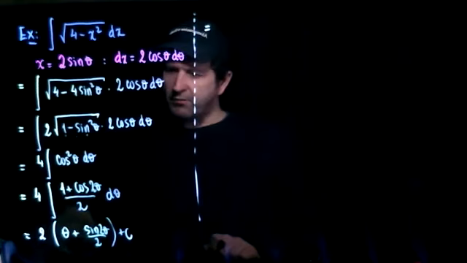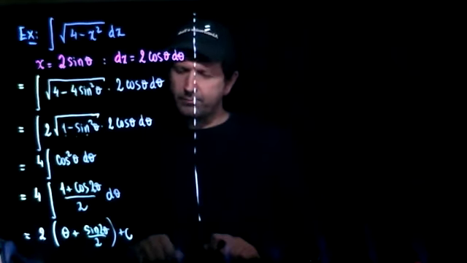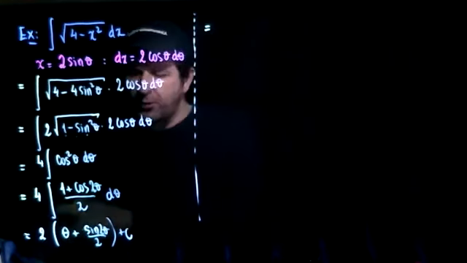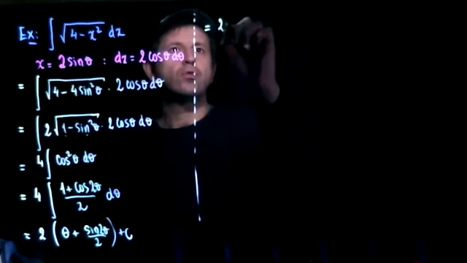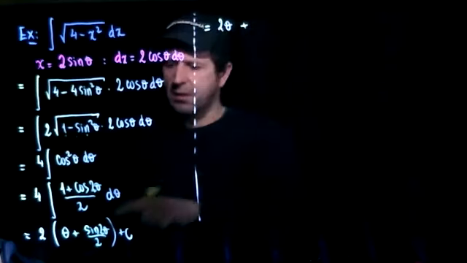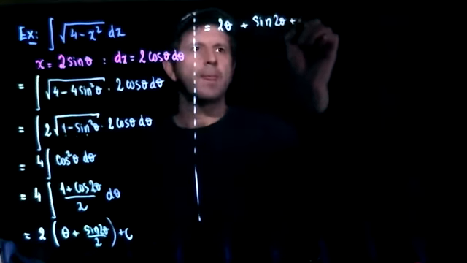Because it's 4 divided by 2 here, this 2 on the bottom. Oh, okay, thank you. So now I'm going to multiply the 2 inside. So I will get 2 theta plus sine 2 theta plus C.